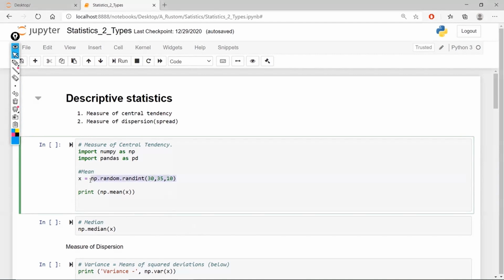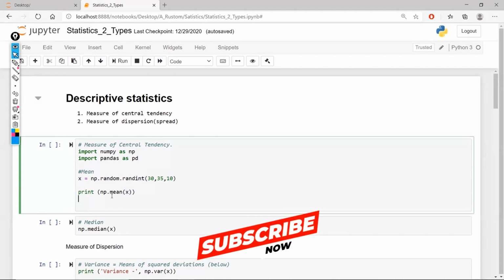So here you can simply assume that I'm going to generate some random integers, starting from 30 to 35, and I need 10 random integers. It's a part of NumPy. With the help of NumPy, we'll be able to generate 10 integers, storing all the data in an X variable, and I'm using that X variable to find the mean.